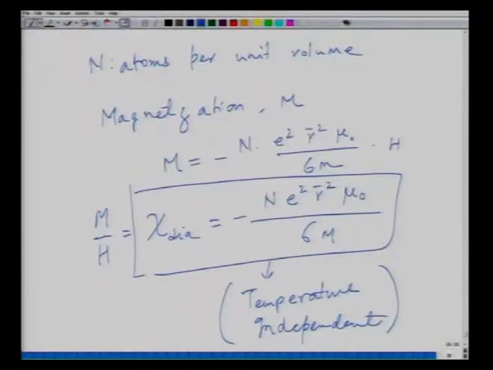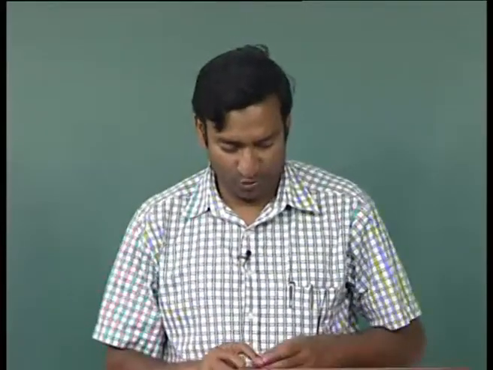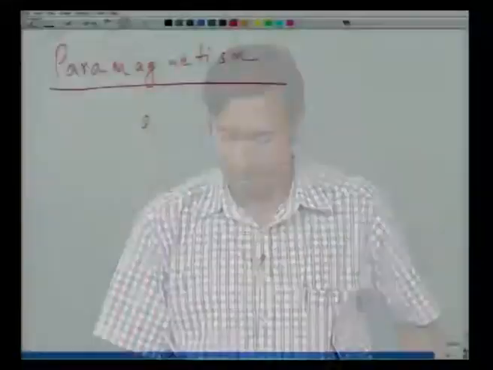Now we will analyze another kind of magnetism that we discussed last time, and that is paramagnetism. These paramagnetic materials are rather different. Fundamentally, they have atoms which have a non-zero magnetic moment.